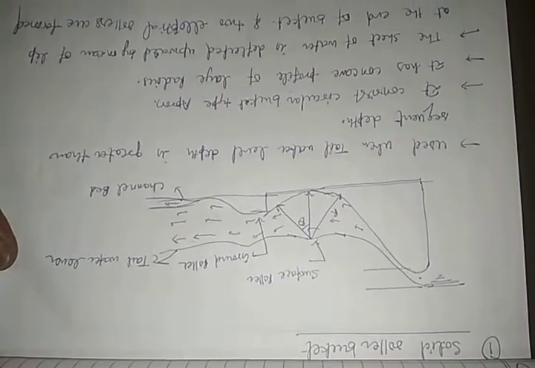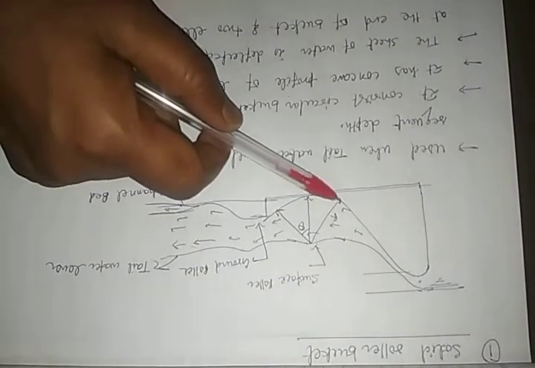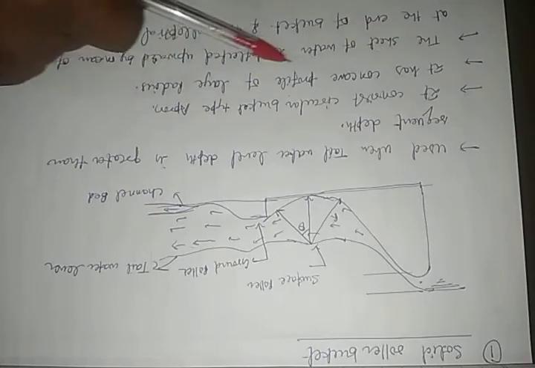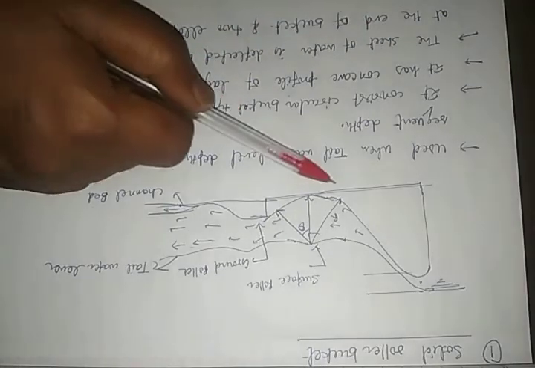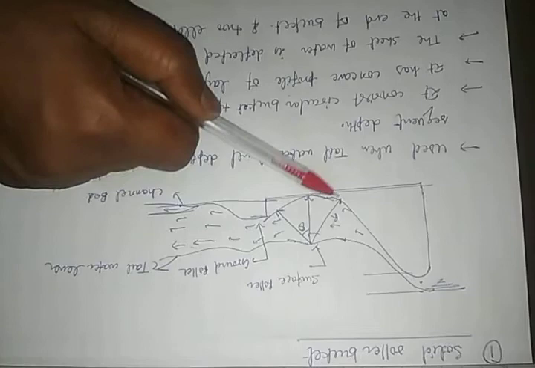Second point, it consists of a circular bucket type apron, like a circular bucket. Third point, it has a concave profile of large radius, r.